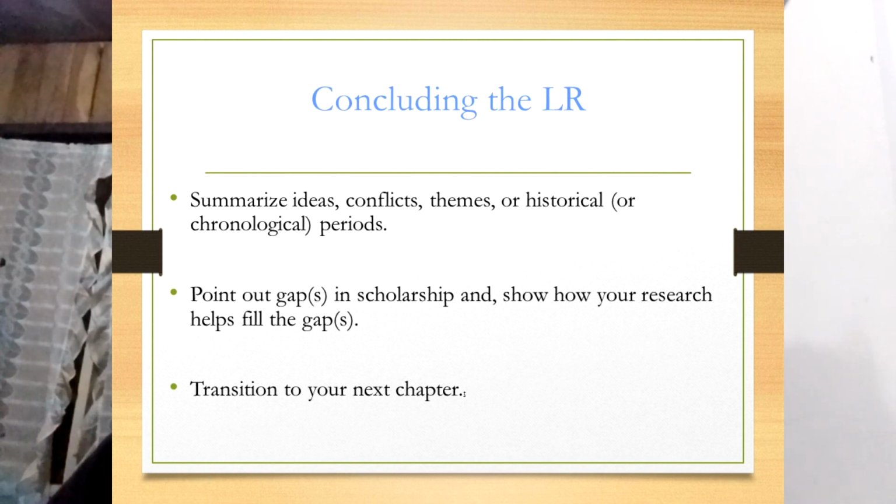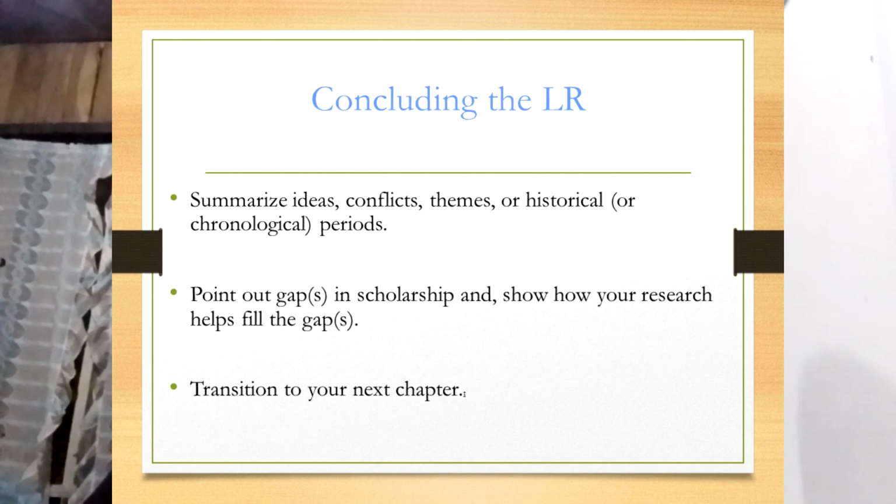Conclusion: summarize ideas, conflicts, themes, historical or chronological period. Before we end our lit review, we have to summarize or conclude it. Again, the example is already there: ideas, conflicts, themes, historical.